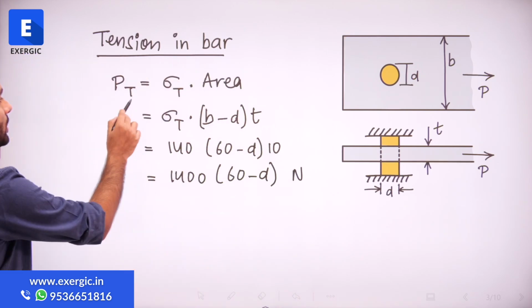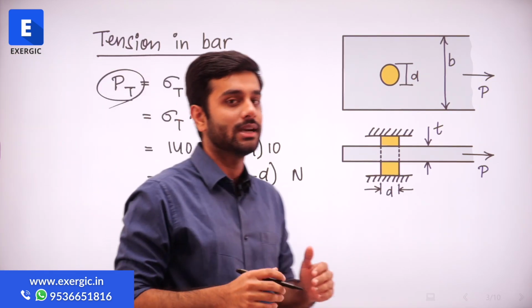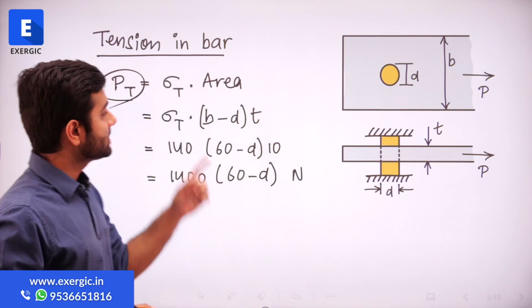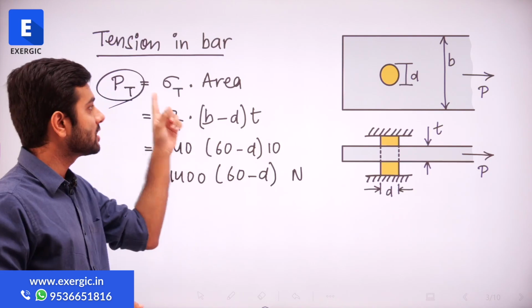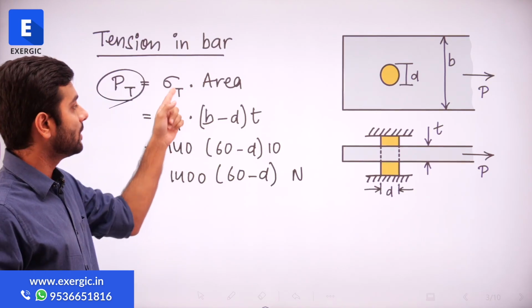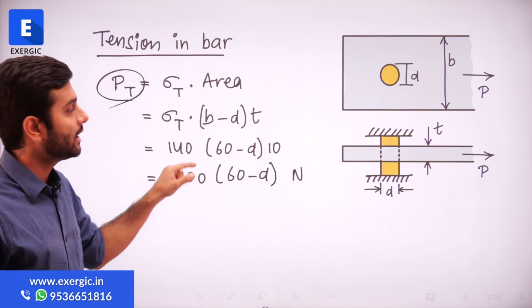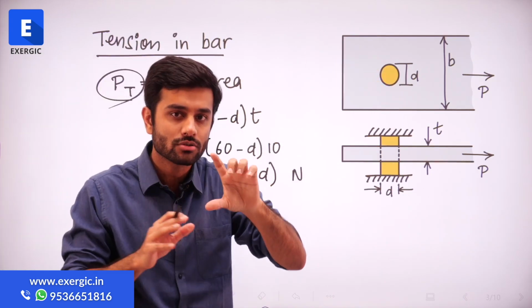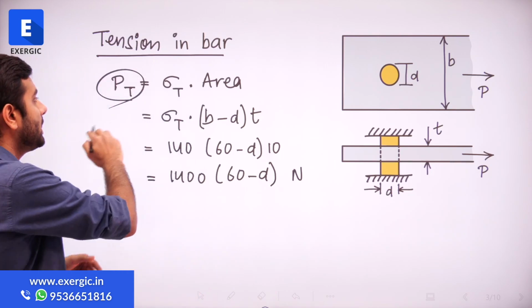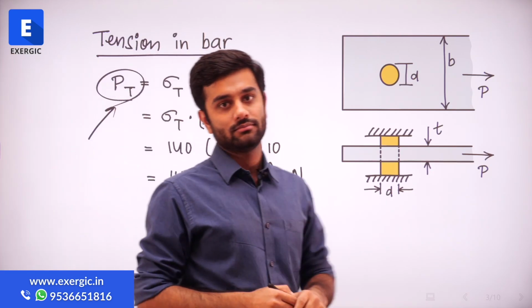all these expressions, what is PT? What is PT representing? Is the PT value fixed? A fixed value always equal to sigma T multiplied by area, because sigma T is a fixed value and area is also definite here, right? For a given diameter, area is also definite. So does this mean PT is a fixed value?